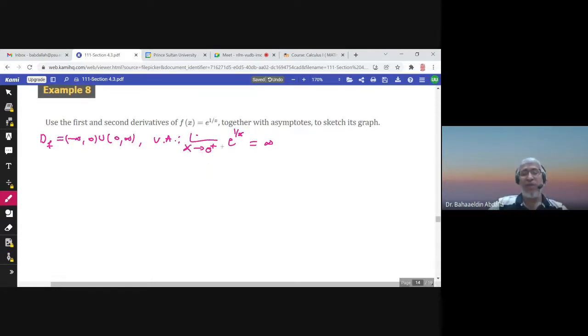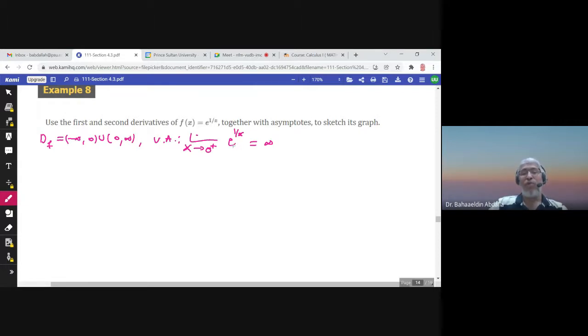Let me check what happens when I choose 0 from the left. Is there any difference? 1 over 0 is infinity, yeah, but we would like to know whether it's positive infinity or negative infinity.